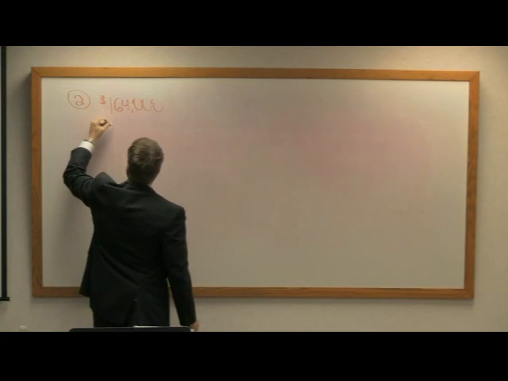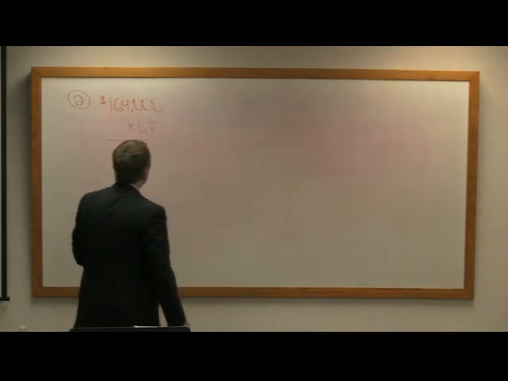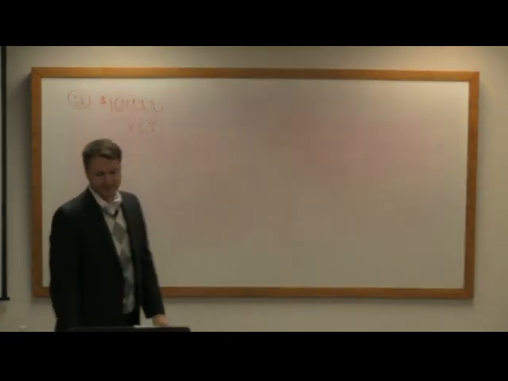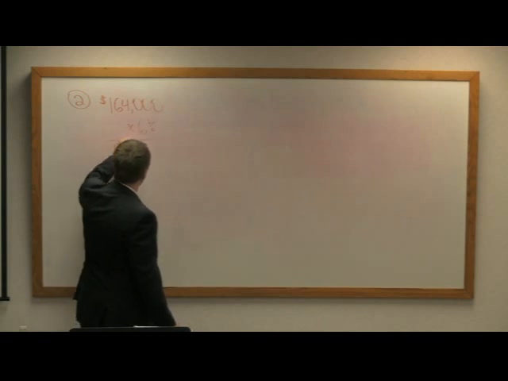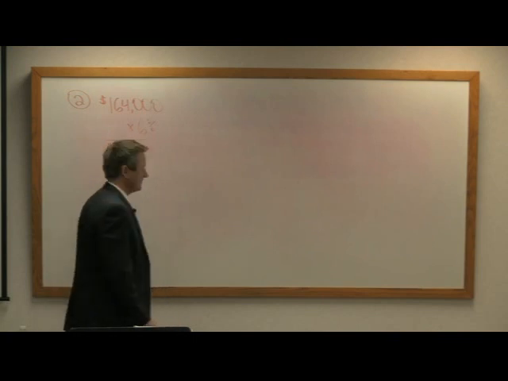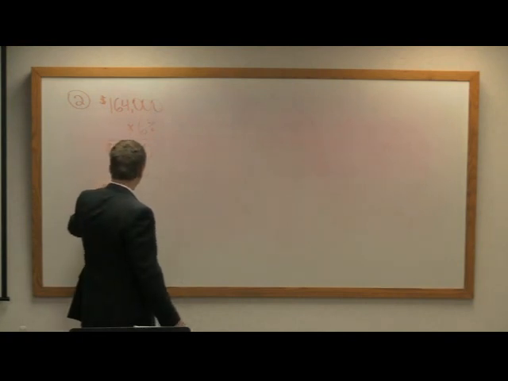What was the commission? 6%. We take it times 6%. We get 9,840. And we can just take that, divide it by 2, and that'll give us the 4,920.